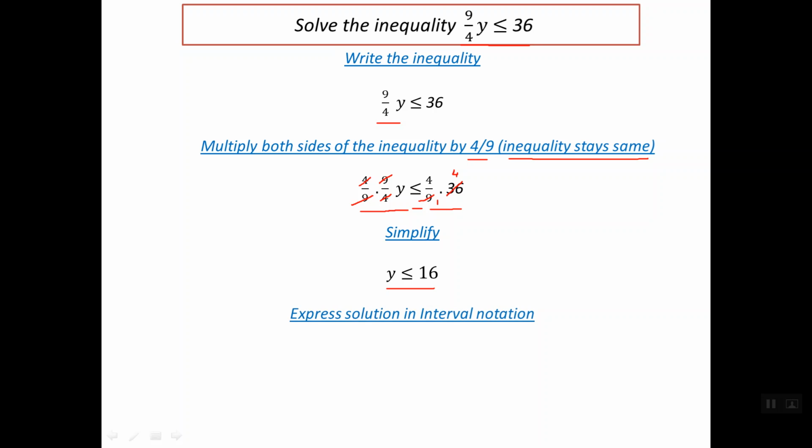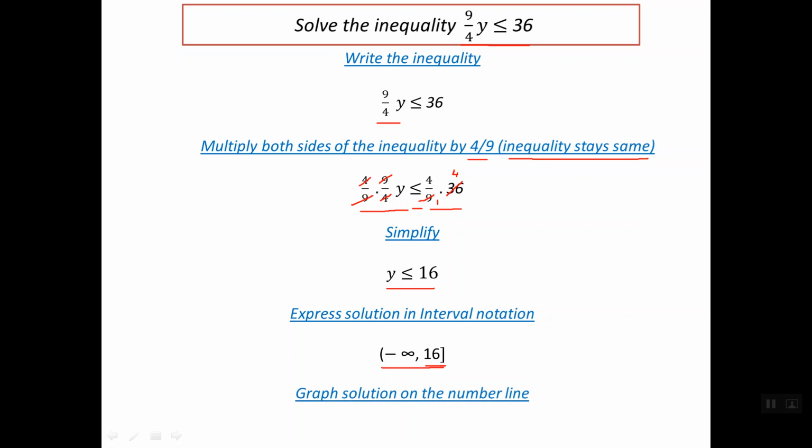Now simply we can express the solution in interval notation. So the interval starting from 16 toward minus infinity is the solution for the above inequality. See that number 16 is part of the solution, so we draw this bracket.